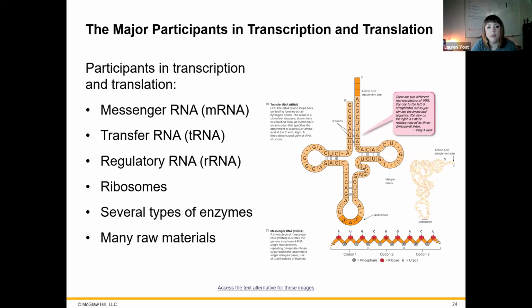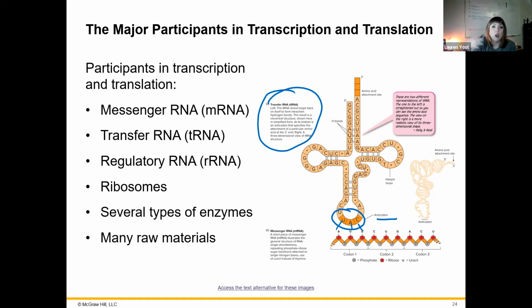This is an example of a tRNA. Down here at the bottom, we have our anticodon. That's exactly what it sounds like. A goes with U, G goes with C, just like the T's and A's would, so we replace the T's with U's. So this will match up.